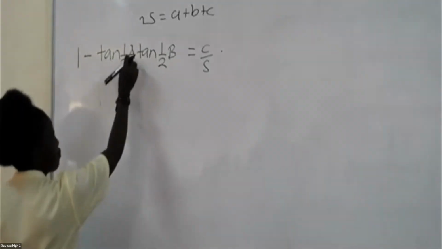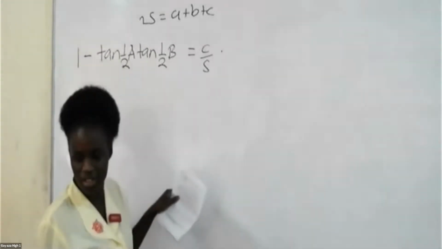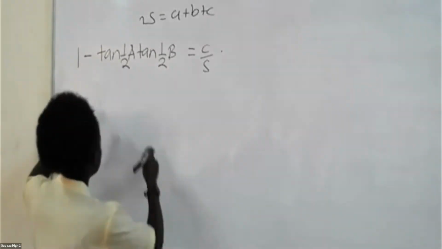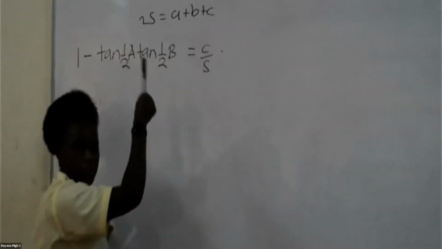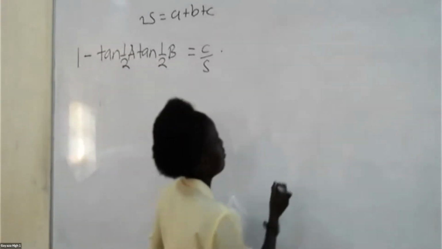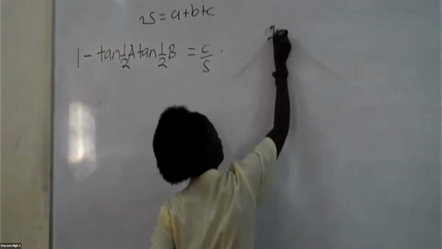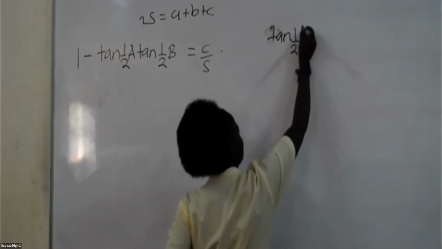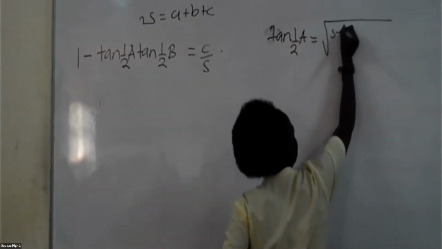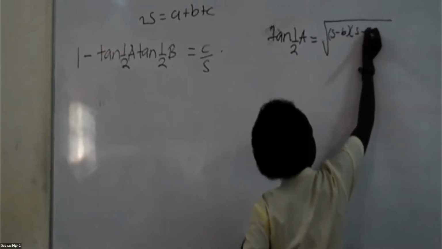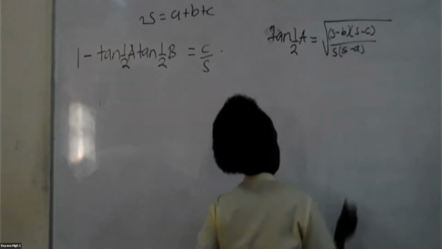So when I see a half of A, meaning this is half angles, still on the mathematical tables, page 61, you can find a formula that expresses tan a half of A in the form of a, b, c, and s. So from the tables, we have tan over half A as square root of s minus b into s minus c out of s into s minus a.